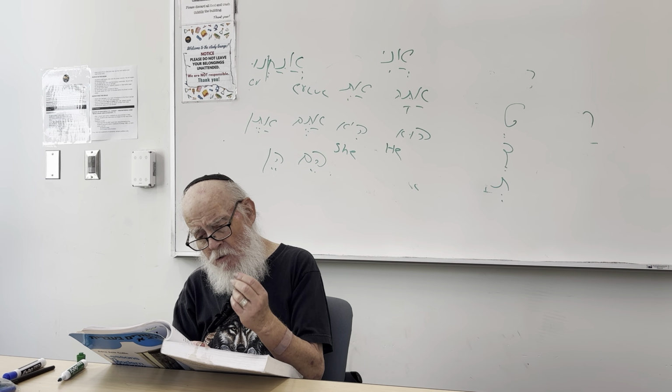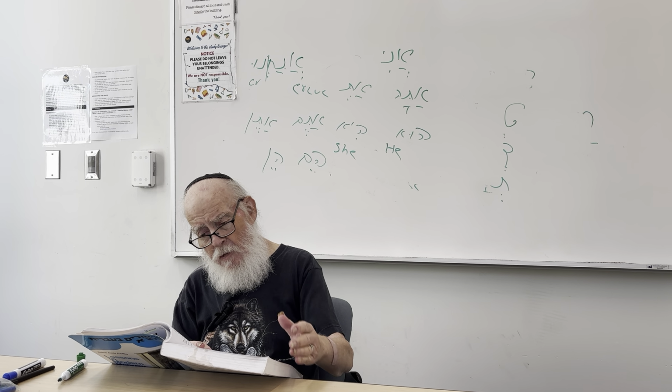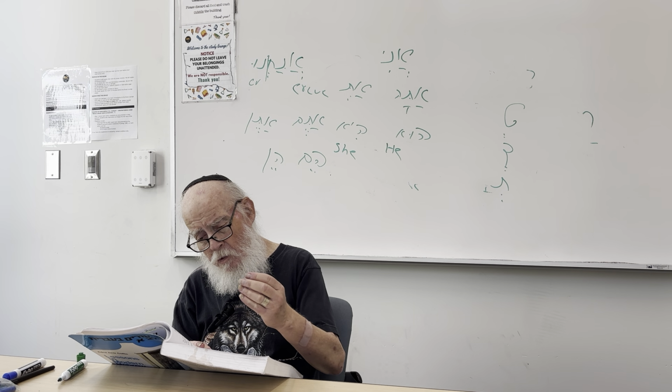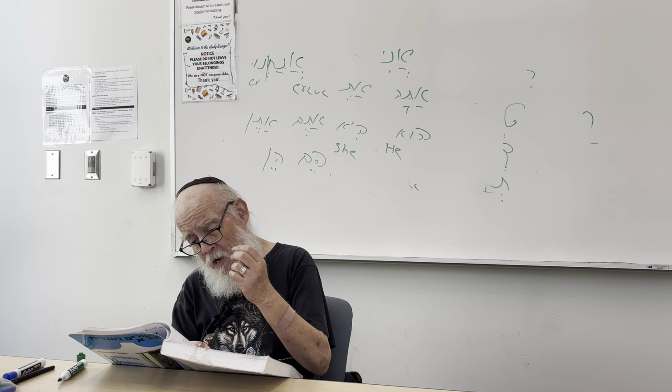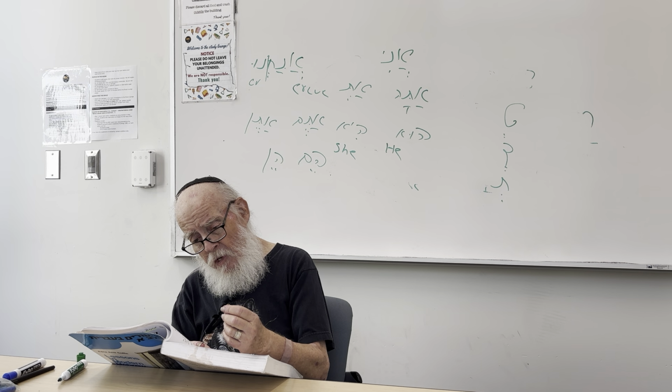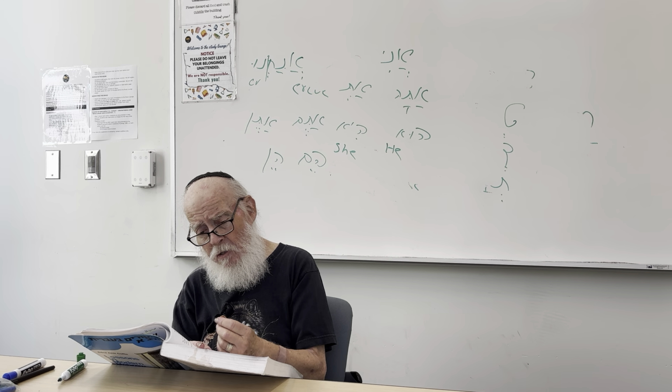And here's another usage of the letter Vav. We already mentioned the Vav is normally pointed with a shva. It will be pointed with a shurk if it's affixed to a word that begins with a shva underneath the first letter.